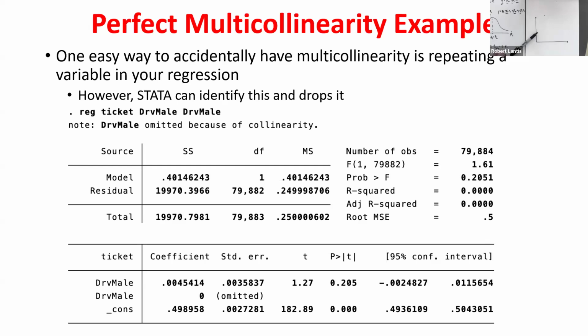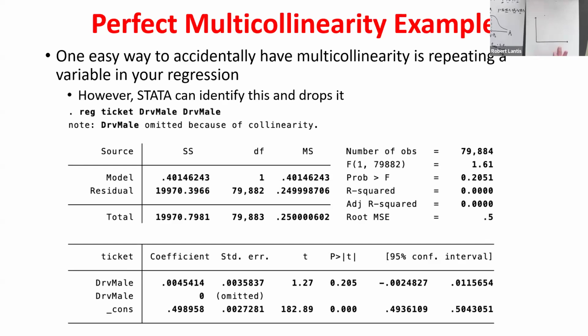To talk about something a little more realistic, what can have perfect multicollinearity even if it's not quite the same variable? Now, good news is Stata recognizes we're being an idiot and it will drop that variable that has perfect multicollinearity. It's like you can't run this regression, right? And that's because when we're looking at the relationship between X and Y, that's what that coefficient is telling us.